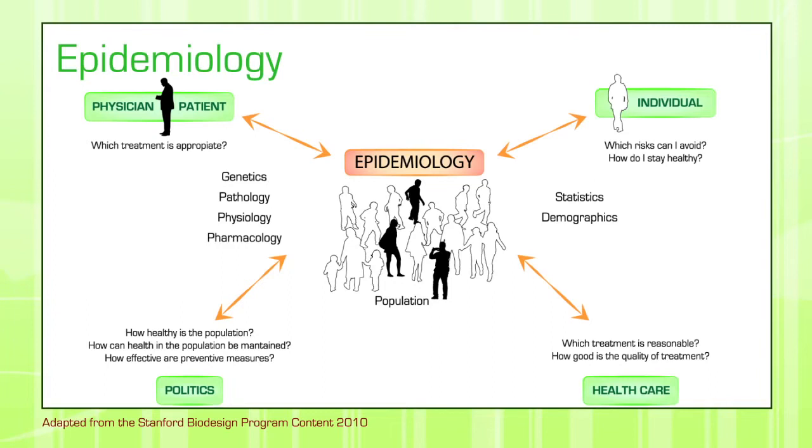If we go to the next slide, we can see that epidemiology, in a more formal way, is the gathering of data from individuals, the healthcare system, politicians, and physicians that considers all the statistics and demographics needed to know if a certain disease is genetic, it comes from genes, or it's just a pathology that can be caused by exposure to certain chemicals, or if it's a physiological response to a certain event, or if it's an effect of a certain drug, a pharmacological effect.